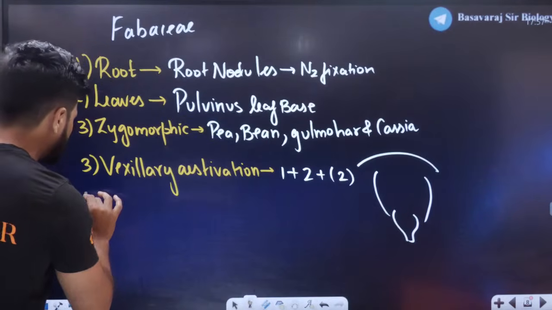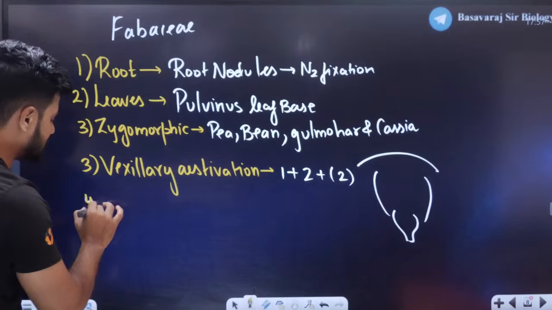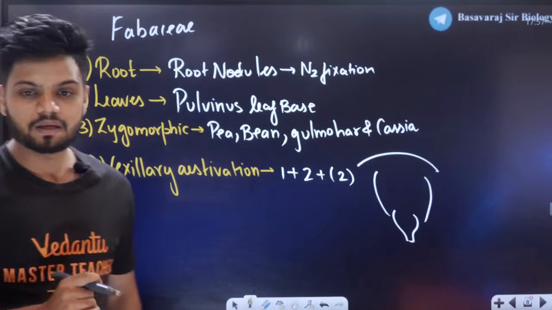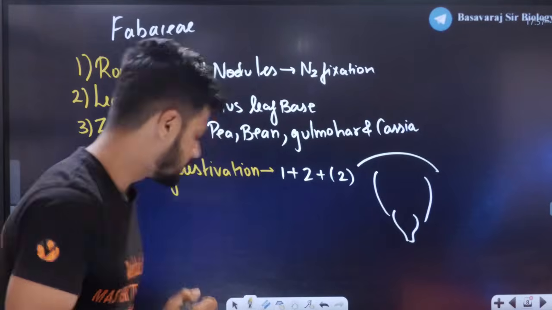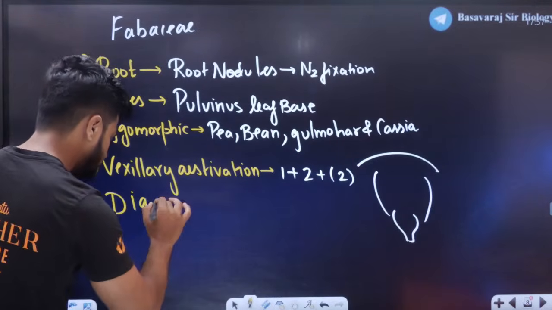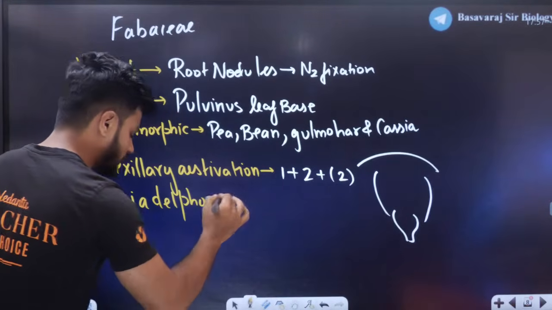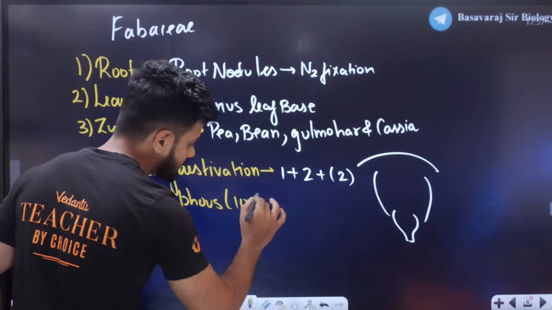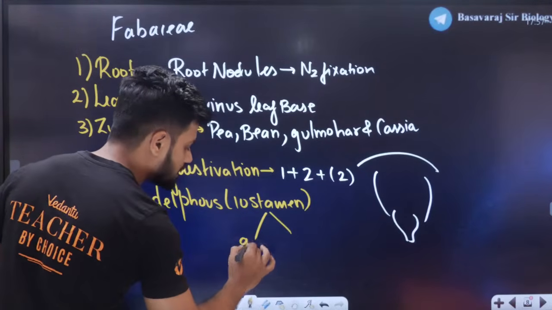Then we learnt about the stamen arrangement, students. Tell me, how was stamen arrangement? Mono, di, poly. Tell me quickly in the chat. We learnt about diadelphous condition. That was basically 10 stamens, that is 9 plus 1 condition.